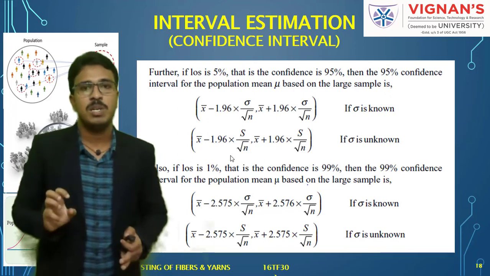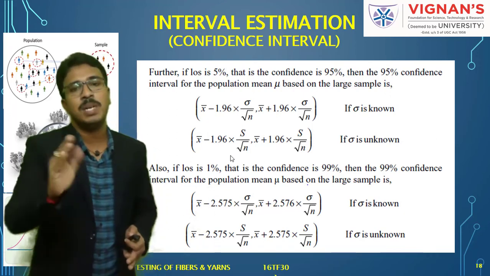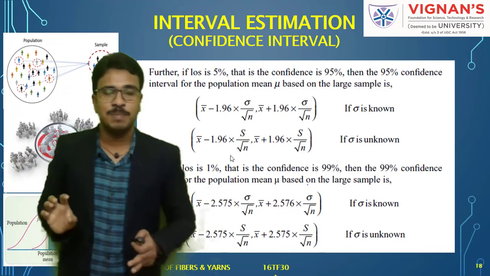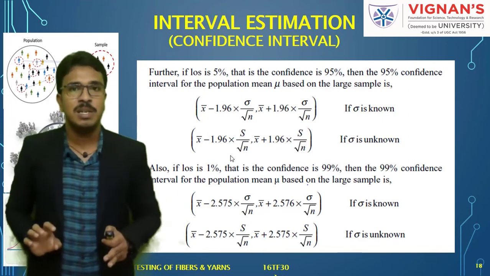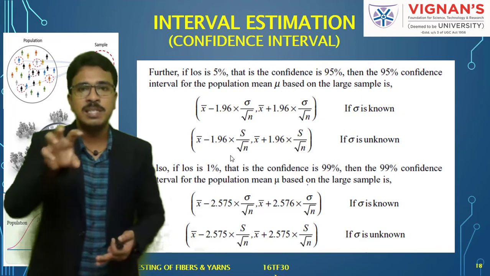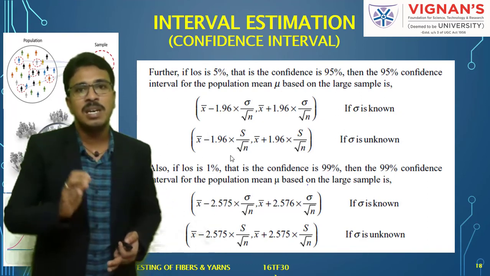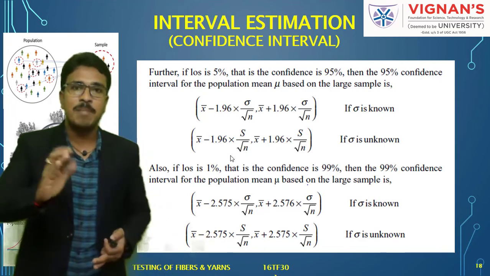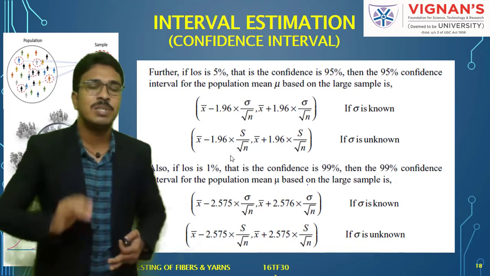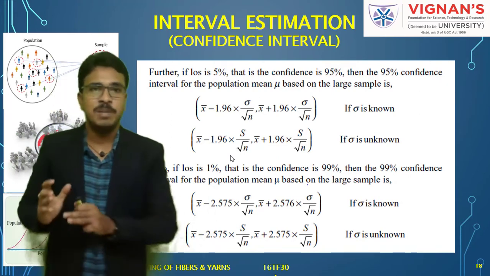So in the given problem, if population standard deviation is known, we can simply use this formula to find out the mean value of the population. Suppose population standard deviation is unknown and only sample values are there, like x bar is sample average and capital S is sample standard deviation. If these two values are given, we can use the second formula to find out the population mean.